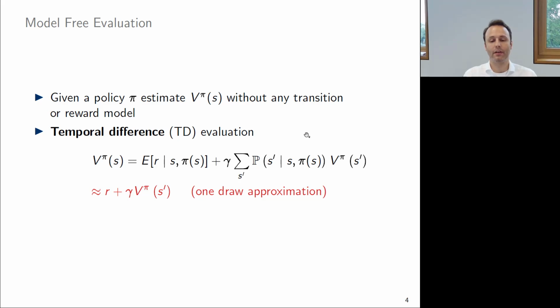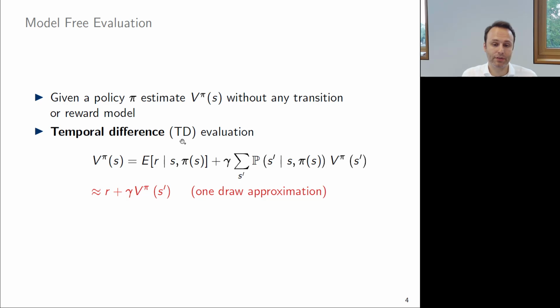So temporal difference evaluation helps us do this, and the starting point is this value function for the policy pi for a specific state S. And here we have the expected reward given that we are in that state and follow a policy pi, plus the discounted expected future rewards that we get in the future states. So this expectation, the transition matrix, is the transition model, and this conditional expectation on the rewards is the reward model. And we want to learn about this because we don't know that.